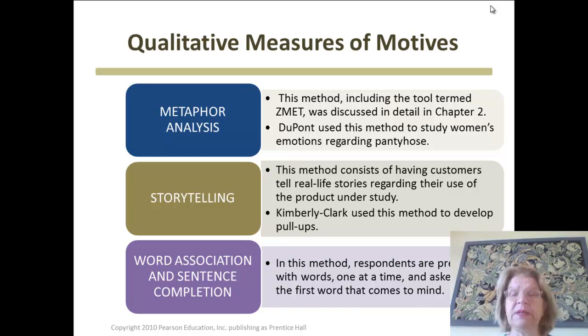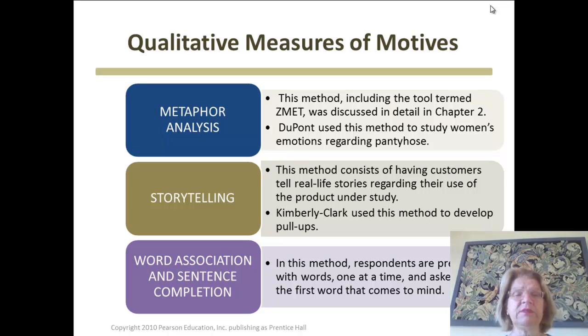The Zaltman metaphor elicitation technique, ZMET, is based on this use of metaphors. In these studies, respondents are asked to find pictures that describe their thoughts, feelings, and beliefs about products, companies, and brands.